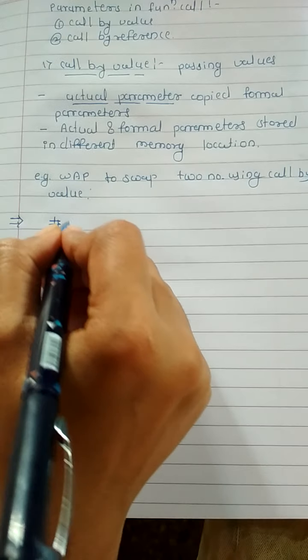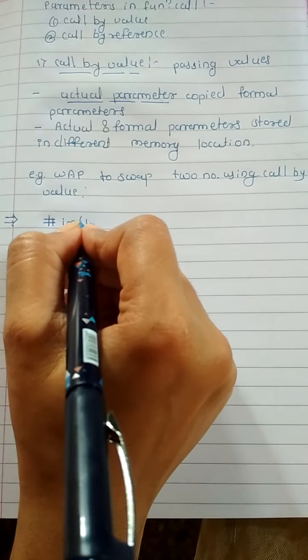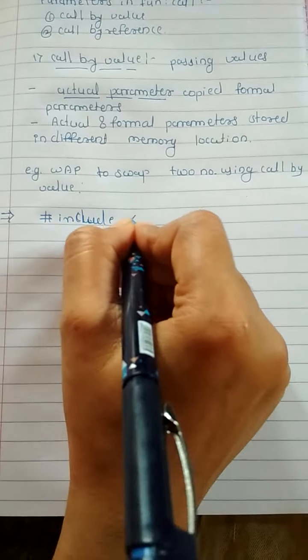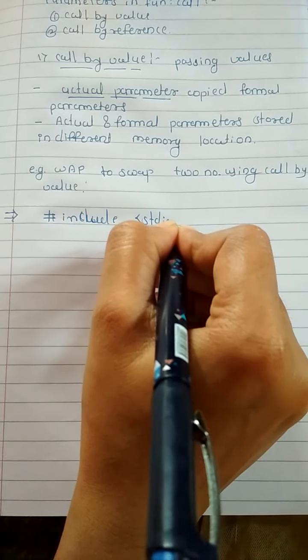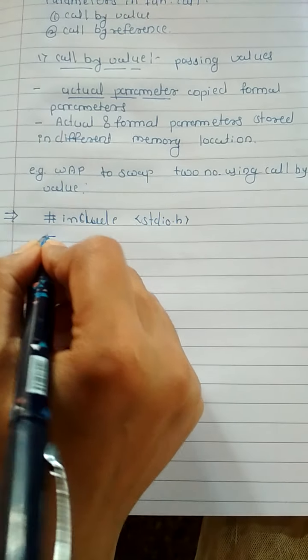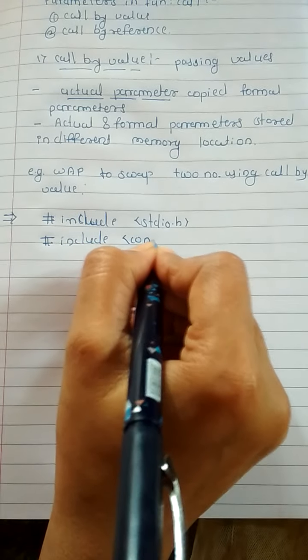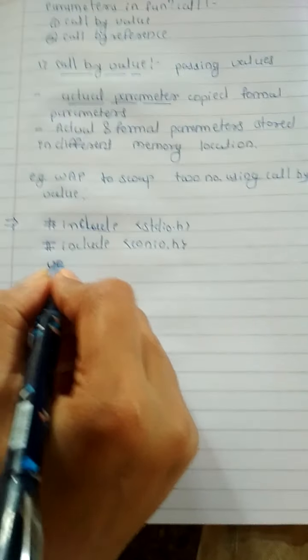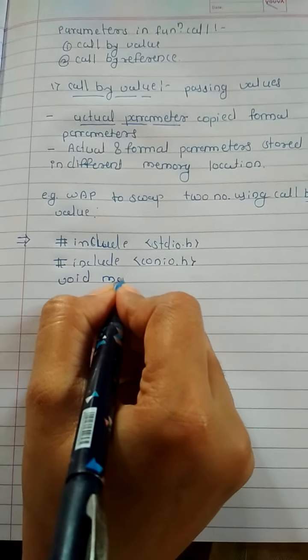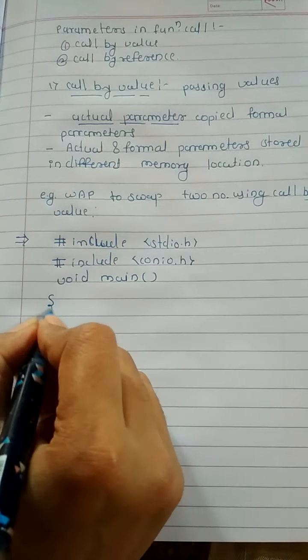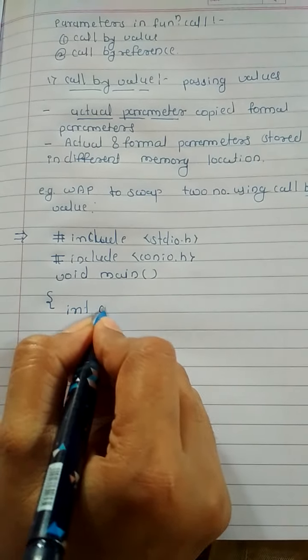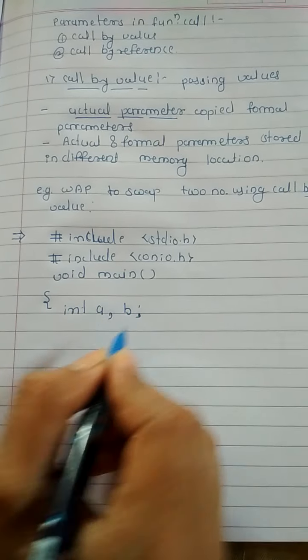Here we include the header files #include stdio.h and #include conio.h. After that, in the main section we add two integer variables, a and b.